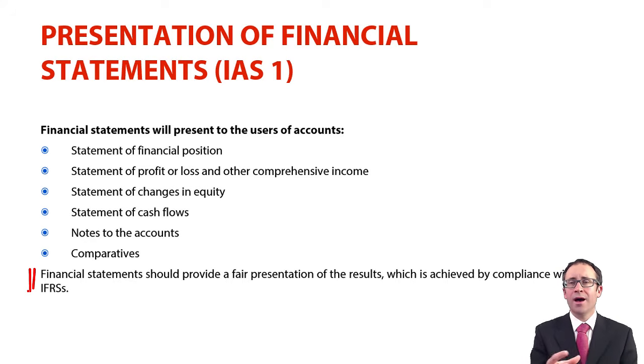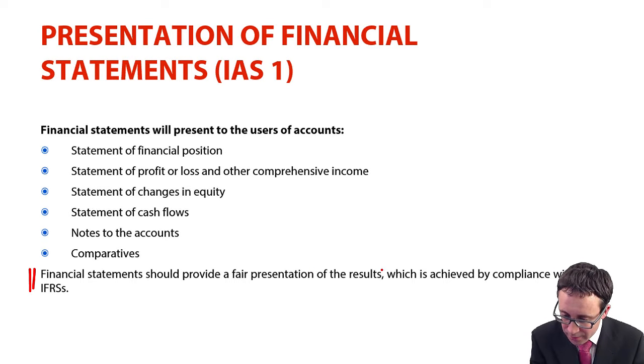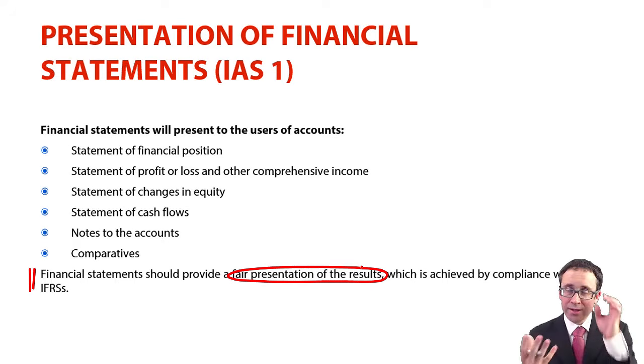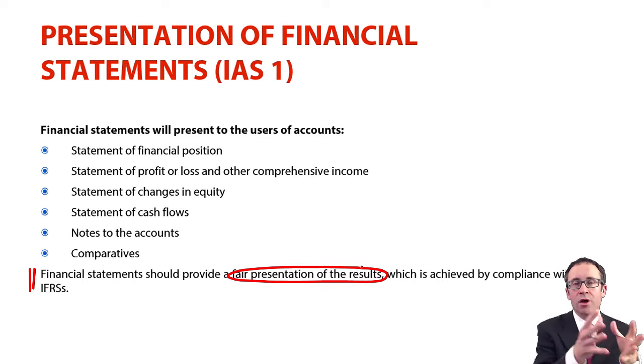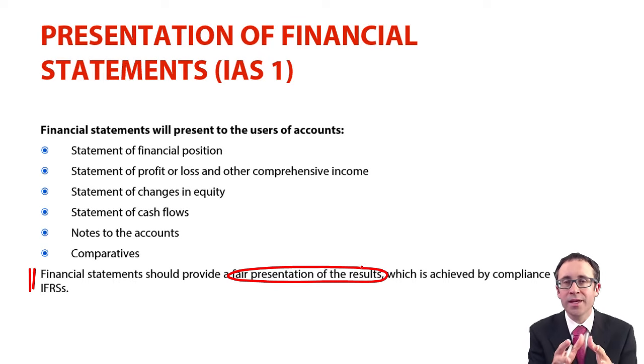By not applying the rules within the IFRSs, you're effectively not showing a fair presentation of the results. And if you're not showing a fair presentation of the results, then you're going against not just the rules in the standard, but also IAS 1. So you are acting unethically, because you should be preparing those financial statements based upon your international financial reporting standards.